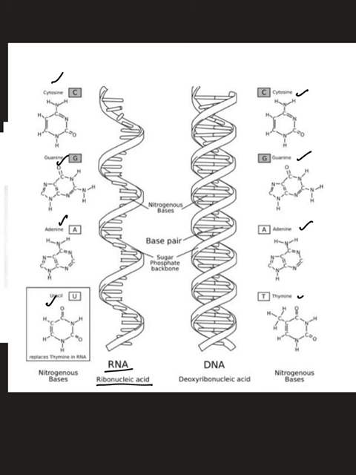The difference between the two is that of uracil and thymine. In DNA, thymine is present, whereas in RNA, instead of thymine, uracil is present. So these three bases are almost the same, but uracil and thymine make the difference between RNA and DNA.